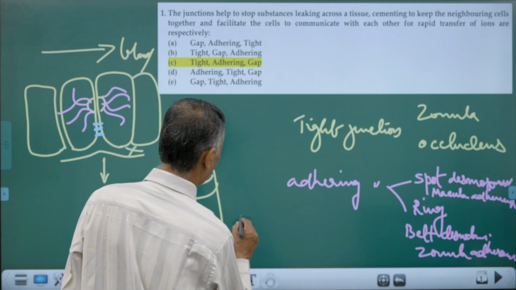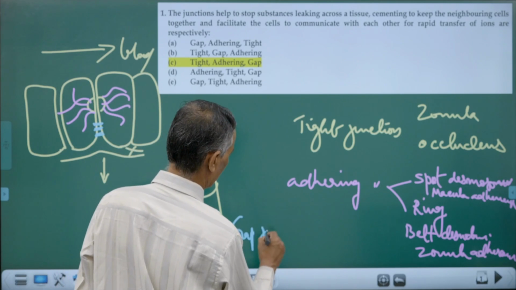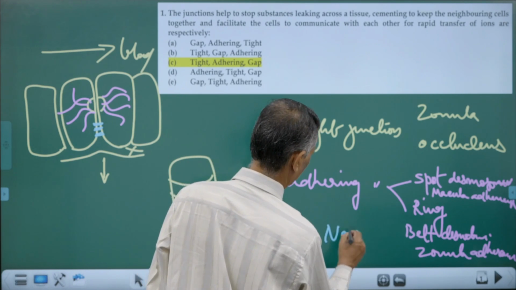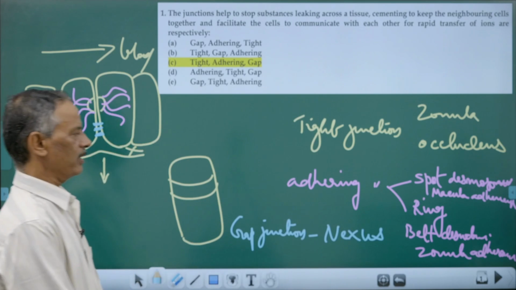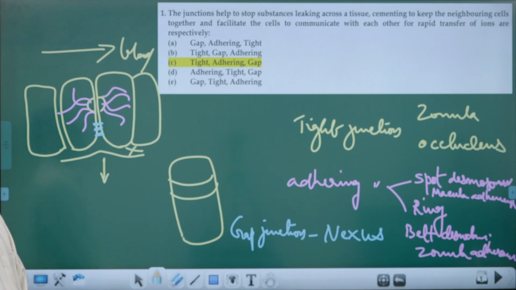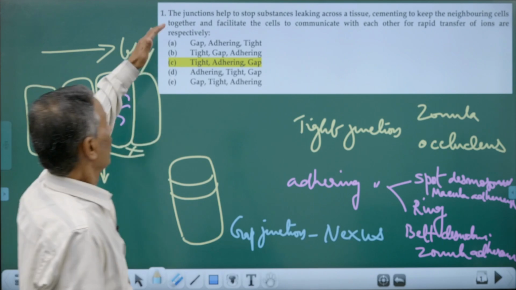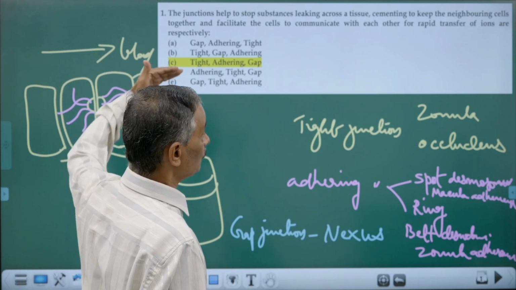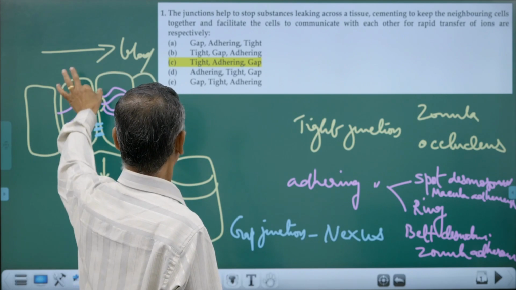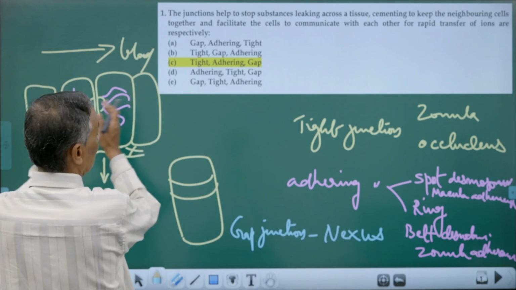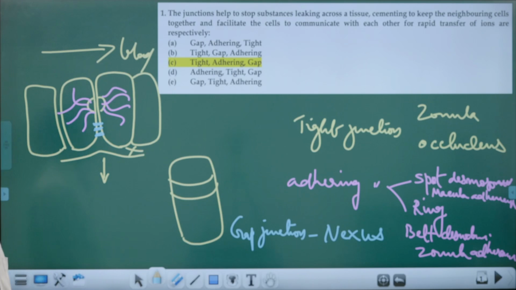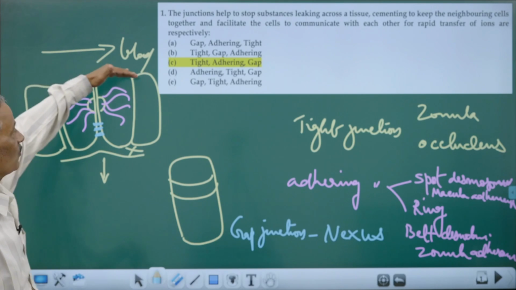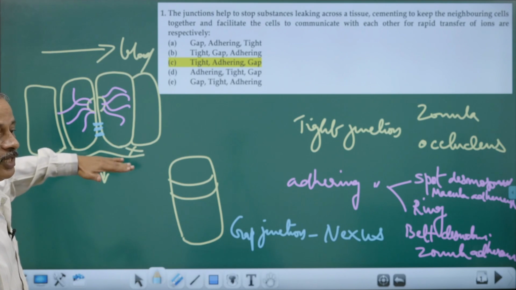Gap junctions are correctly called nexus. So what are the specialities? Remember, these three specialities are seen at the region where neighboring cells are in contact with each other, that is on the lateral sides. On the base, you have the basement membrane.